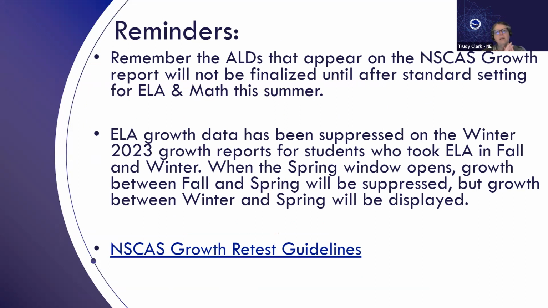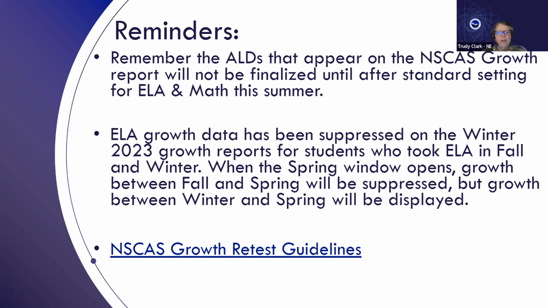The scores will be there, the ALDs will be there, the developing, on track, and advanced will be there. Those will be there, but they are not finalized until after the standard setting. So we don't anticipate changes, but just so you know, it is a possibility.